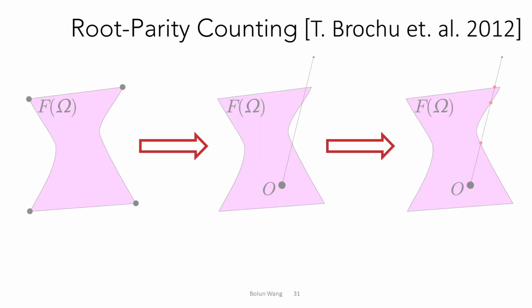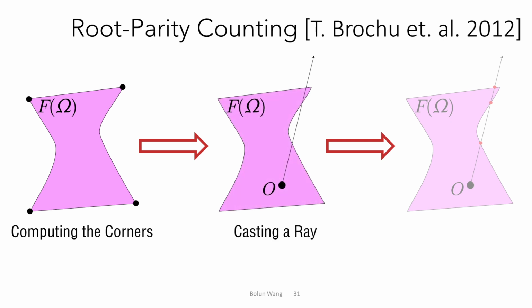This basically describes Brochu's algorithm. It first constructs the hexahedron by computing the corners of the codomain, then randomly casts a ray from the origin, and finds the parity of the number of intersections.